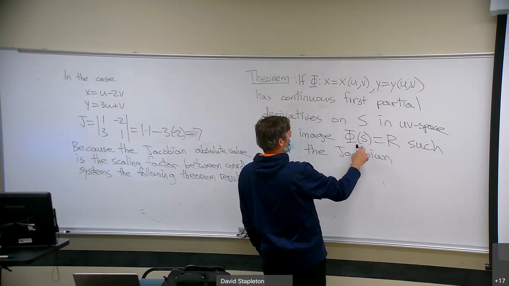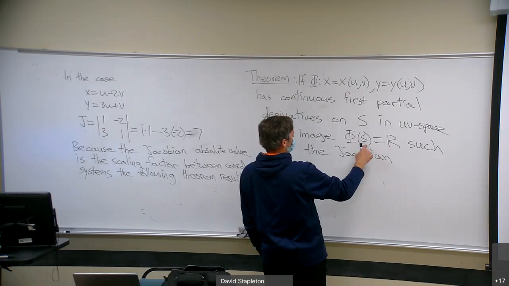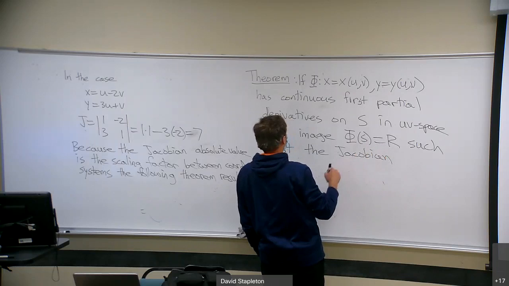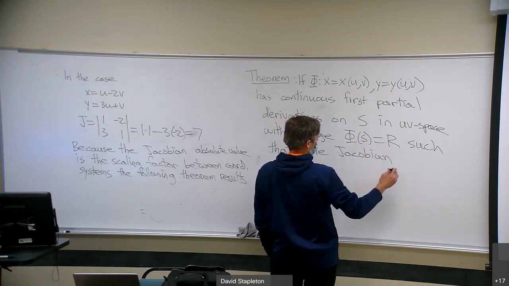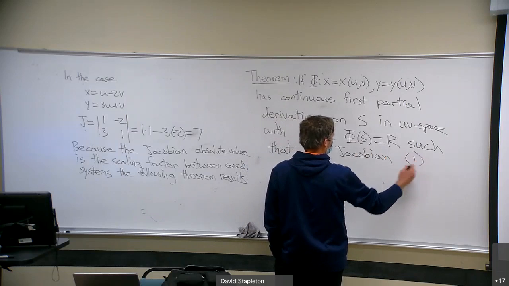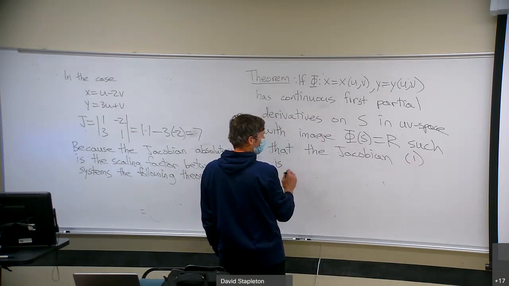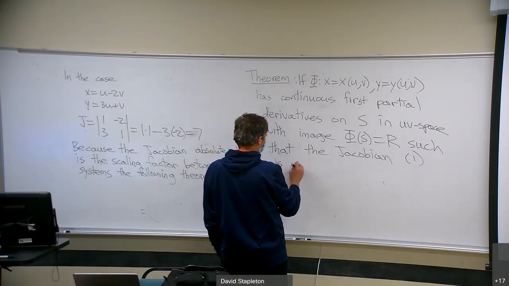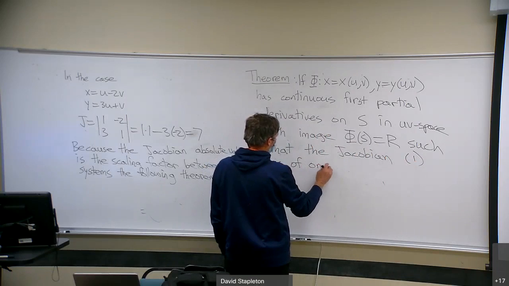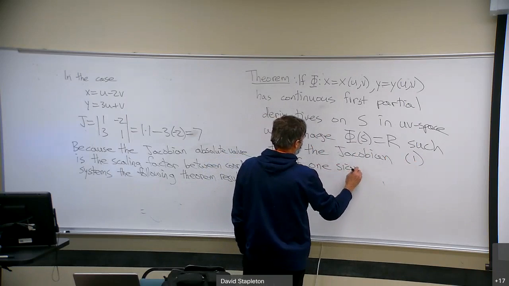And then takes the region S in UV space to the region R in XY space, such that the Jacobian that we wrote up there is of one sign, plus or minus.